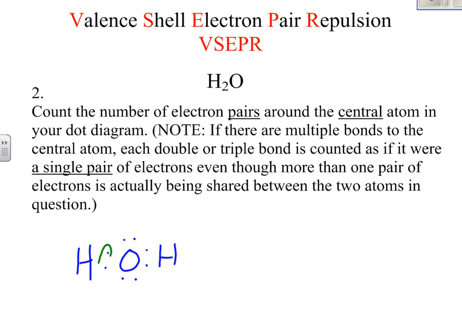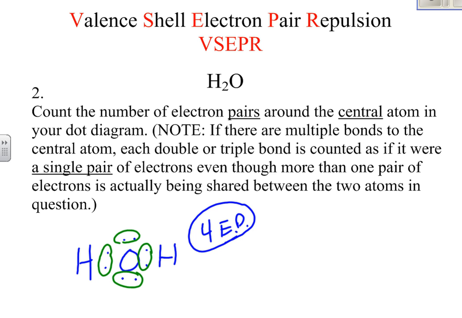So here we have our bonding pairs, so that would be 2, but we also have these lone pairs that are on the oxygen. So there are actually 4 electron domains around the water molecule. So there are 4 sets of things that repel each other and are trying to move away from each other.